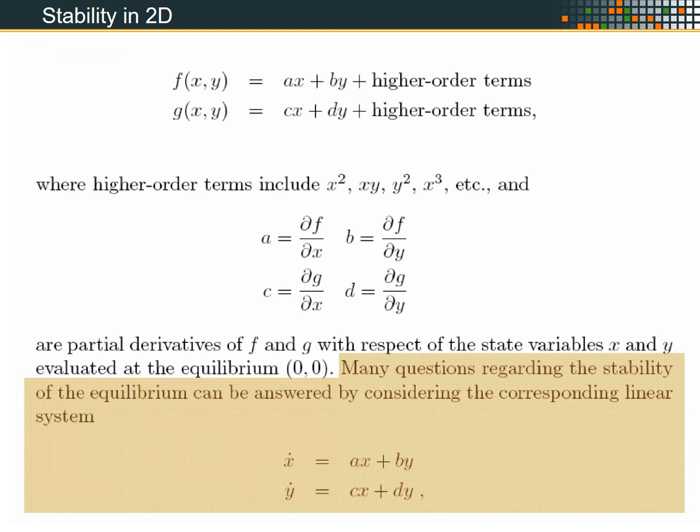So to summarize, we started with rewriting f and g based on the Taylor expansion. We included all higher order terms. We then argued that if we are close enough to the origin, then x to the power of 2 and higher polynomial orders will be 0, because they approach 0 much faster than x itself.